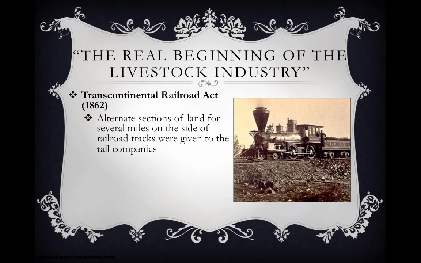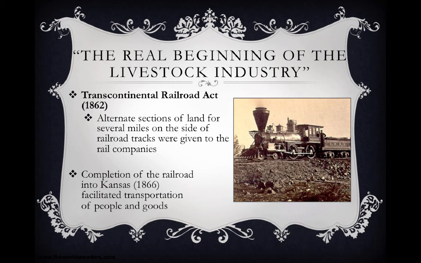All right, so 1862 is where we saw a big shift in the livestock industry and how it actually started to become an industry. In 1862, one of the three main acts that really helped to settle the West was the Transcontinental Railroad Act, or the TRA. This is where specific sections of land for several miles in length on either side of the railroad tracks were given to the railroad companies like Union Pacific and Southern Pacific, which all morphed into BNSF, which owns a large part of the train companies in the West today.